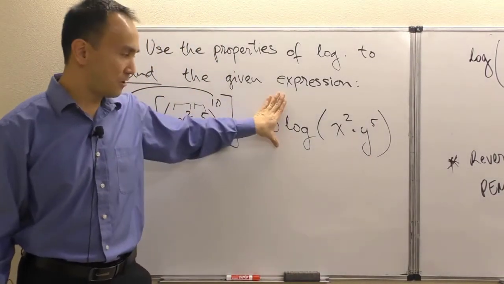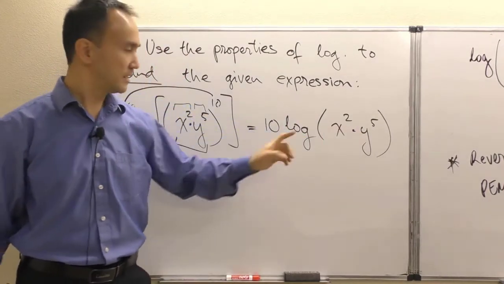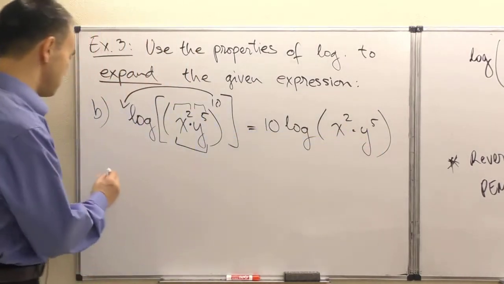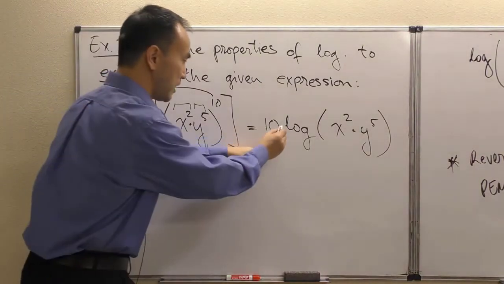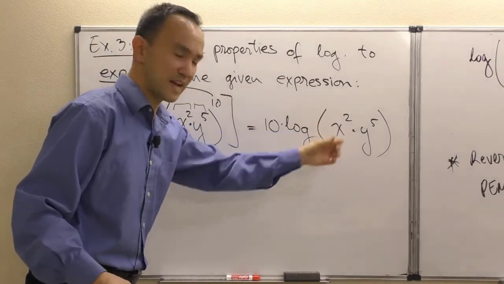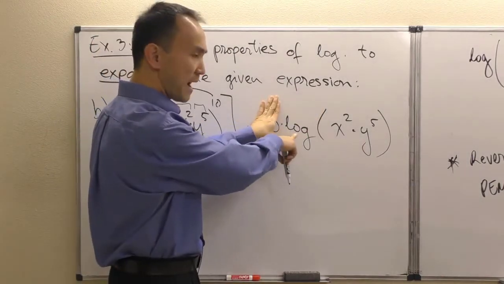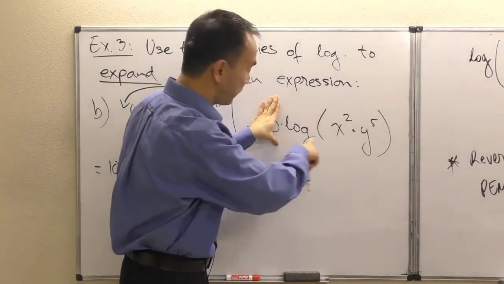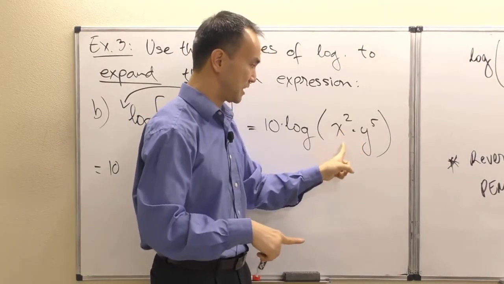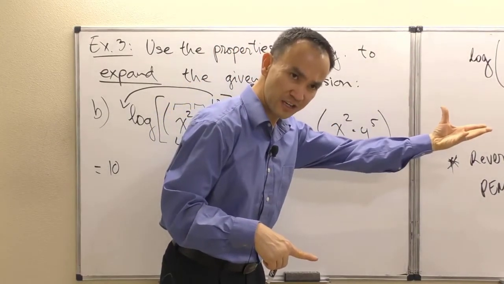All right, and now aside from that coefficient 10, the log of each one of these, you can see that it's now very similar to the earlier example that we've had already. Keep in mind the 10 is playing the role of a coefficient, meaning it's multiplied with that. So now I'm going to keep the 10 here, but in the next step I'm about to apply property number 4 to break this product, because again, reversing PEMDAS, between these two, exponents come before the multiplication if we were doing a plain old calculation.